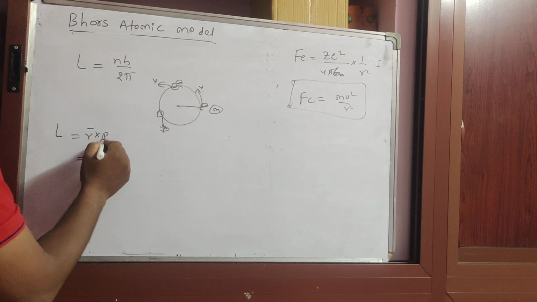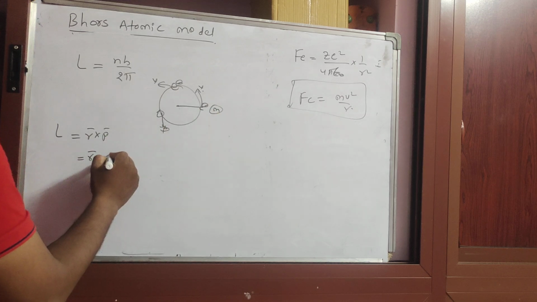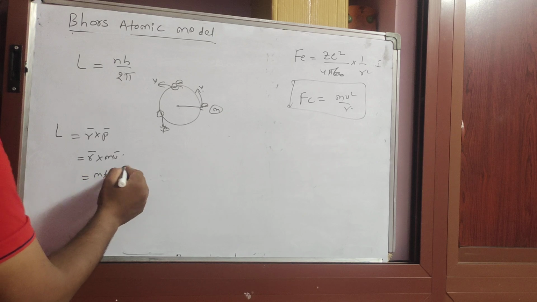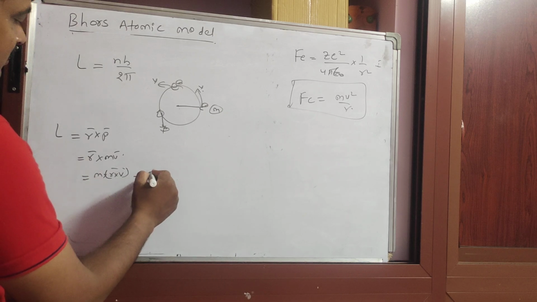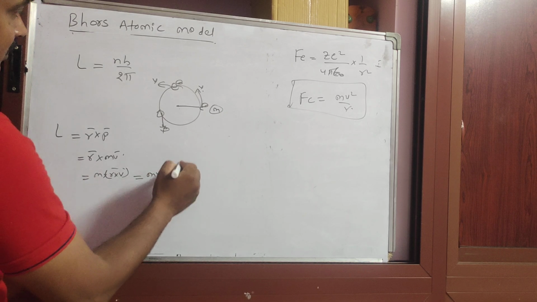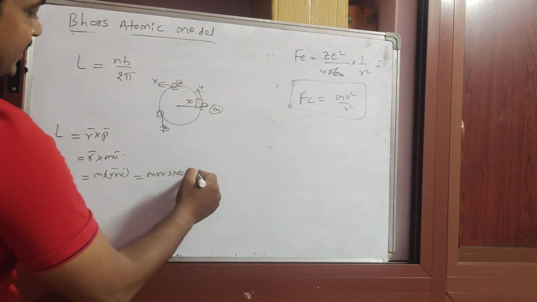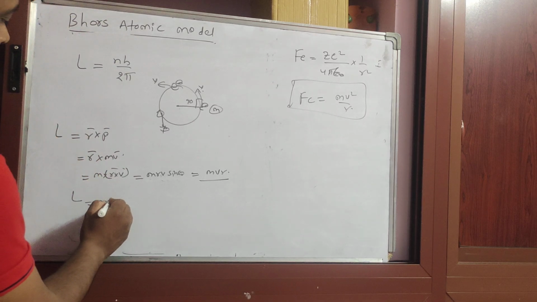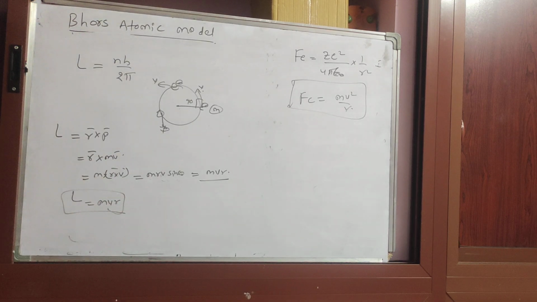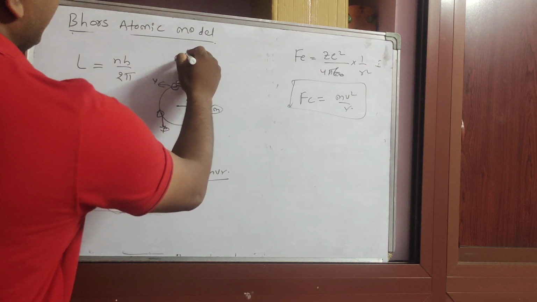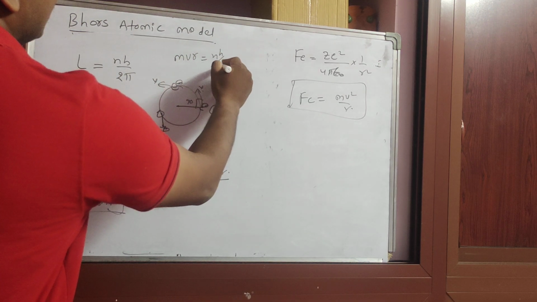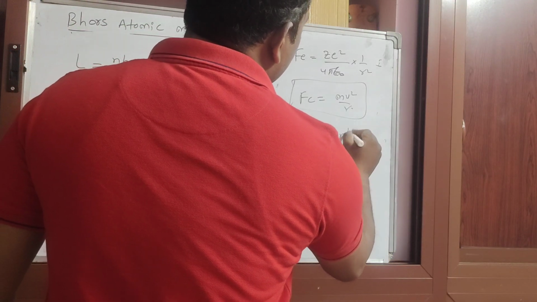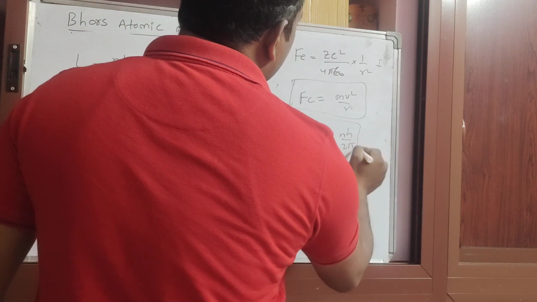Since p is the momentum mv, L is m into r cross v. This becomes r v sin theta m. The angle is 90 degrees, sin 90 is 1, so that is mvr. That is, angular momentum L is equal to mvr. You can equate this: mvr is equal to nh by 2 pi. This is one of the equations, mvr is equal to nh by 2 pi. This also you have to remember.